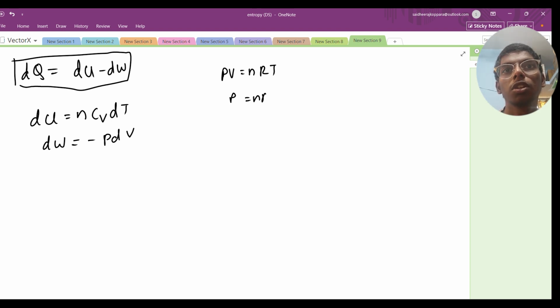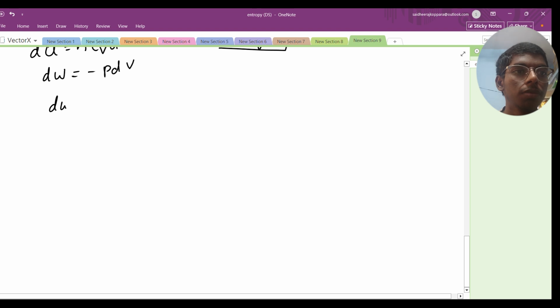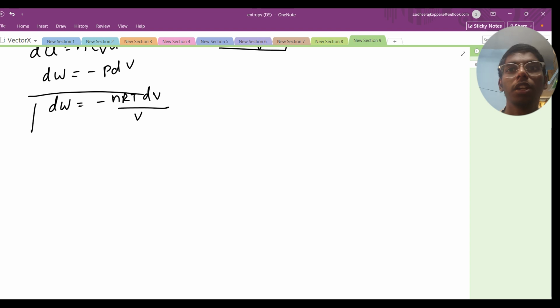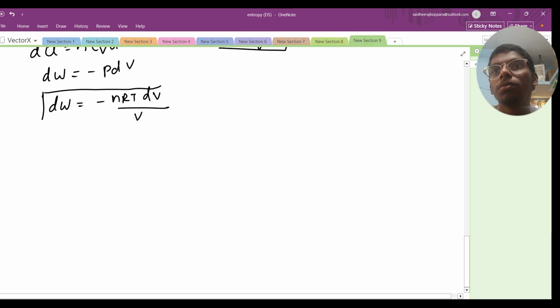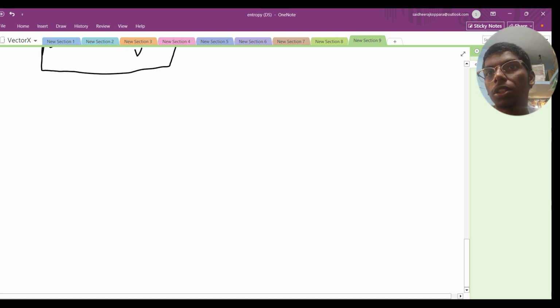So here you're just going to replace P with nRT by V. Then your dW is minus nRT dV by V, right? Just substitute these values in the equation of dS.